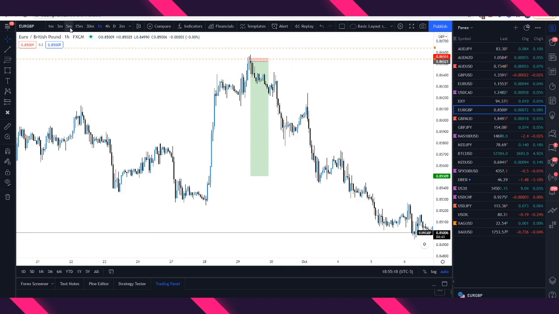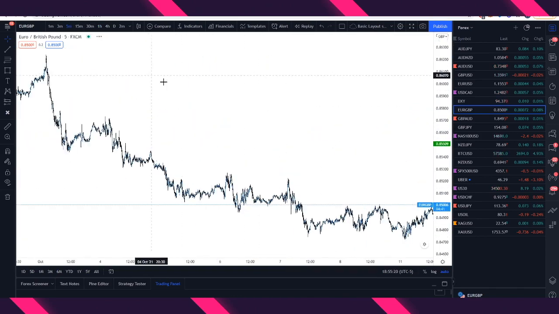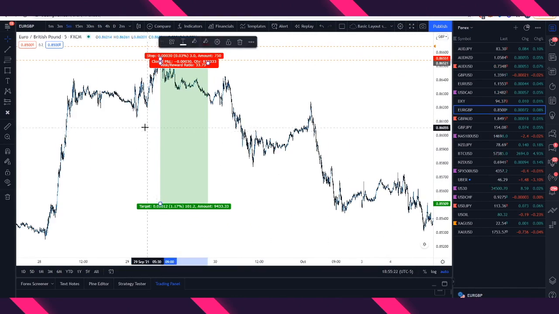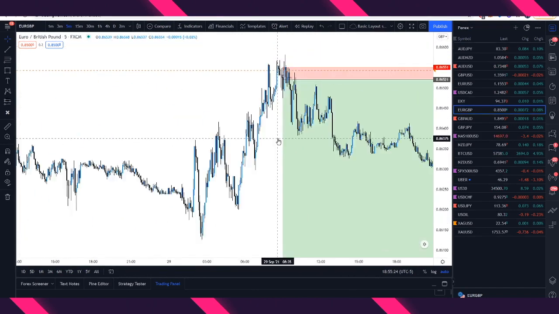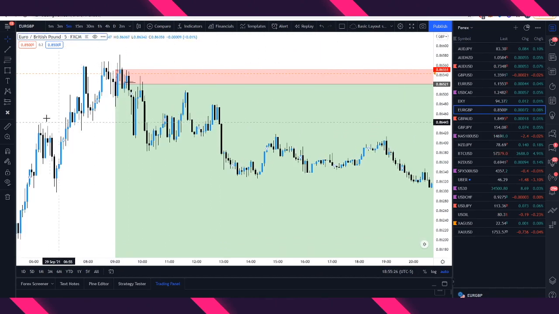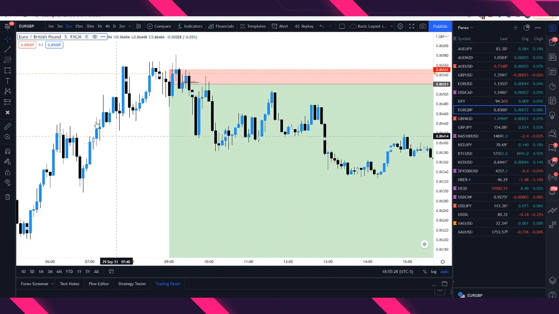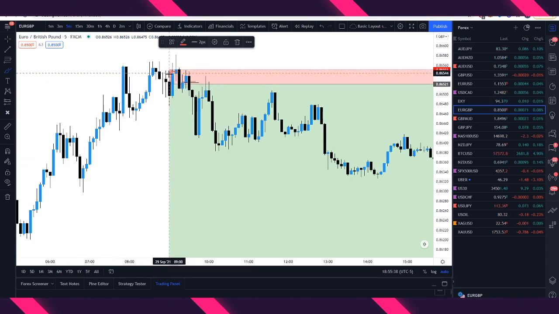Now, how do you manage this? How do you follow price, and know if this is right or not? Okay, well, check this out. Follow this. So price pushed right here.